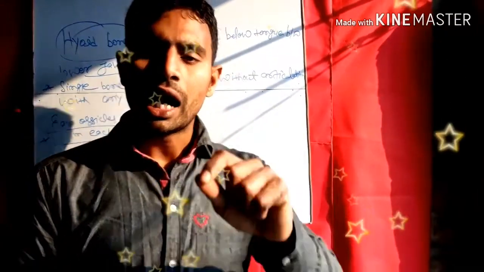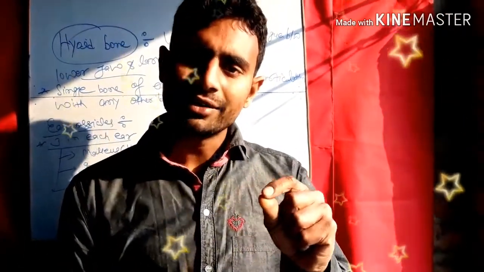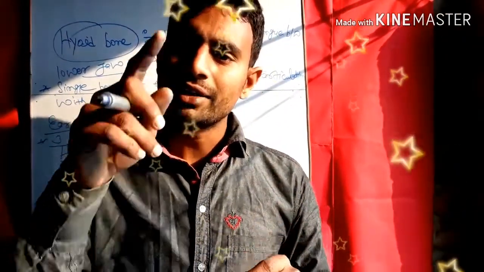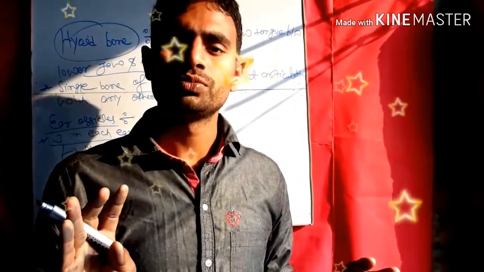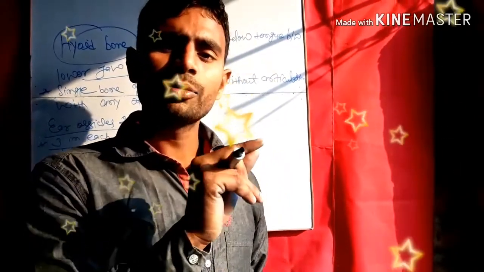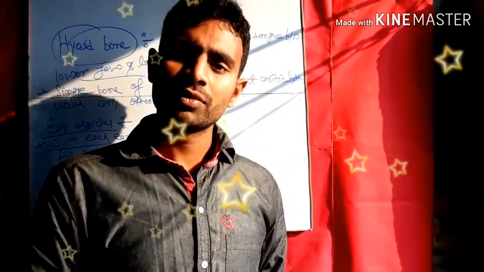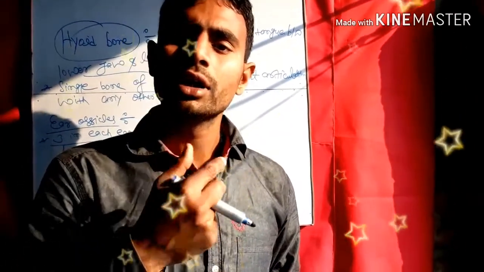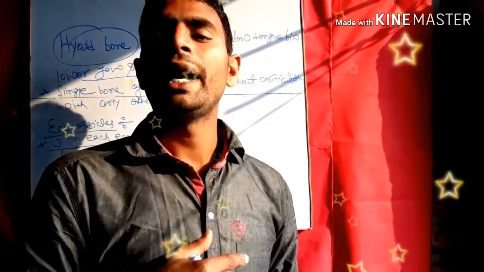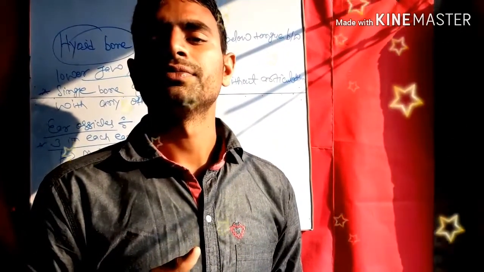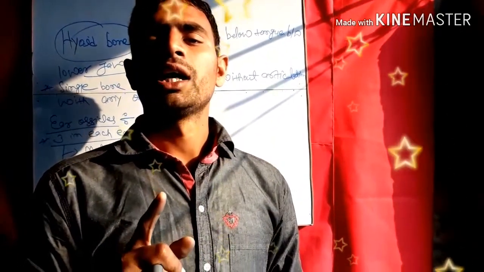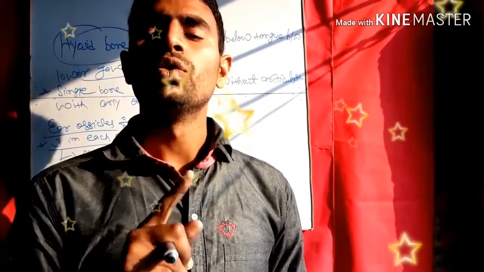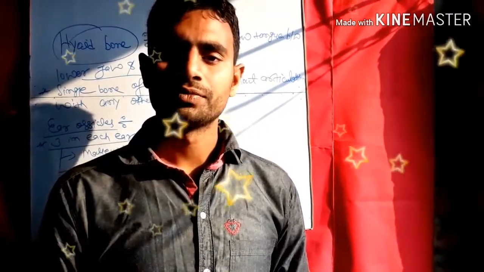The hyoid bone number is 1, its shape is U, and it is present below the tongue between the lower jaw and larynx.